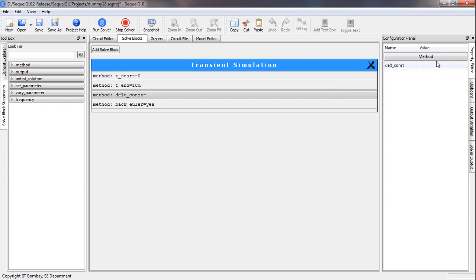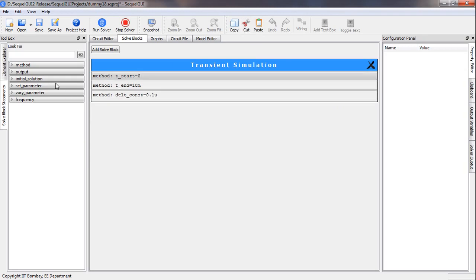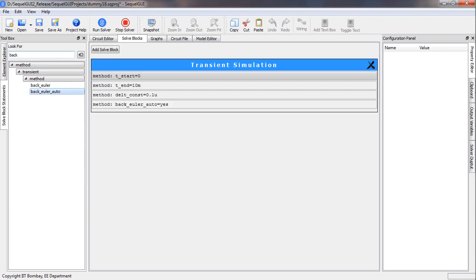Our delta t constant, the simulation time step, could be a small time step like 0.1 microseconds. And in this case, we are going to use the automatic backward Euler option. So let us remove this and use the backward Euler automatic option.